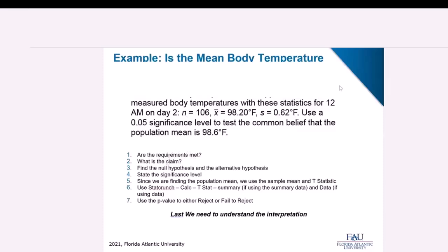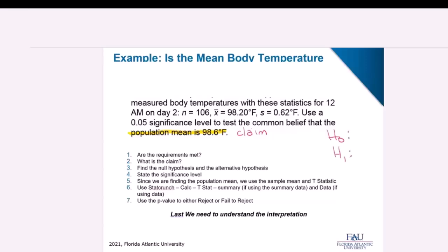Now we have to find the claim. What are we claiming? Use 0.05 significance level to test the common belief, which would be the claim that the population mean is 98.6. That's our claim. Now we have to find our null hypothesis and our alternative hypothesis.